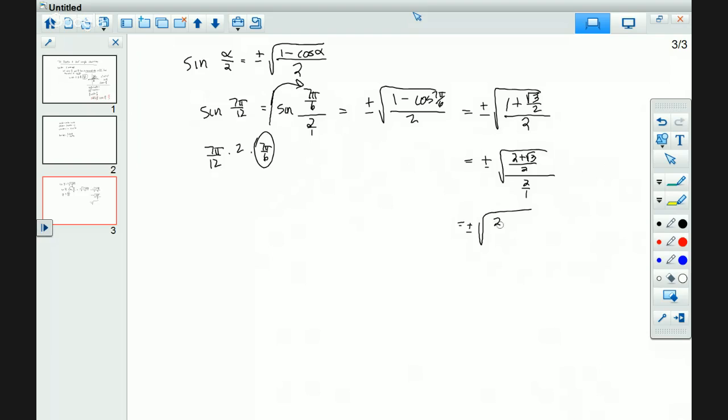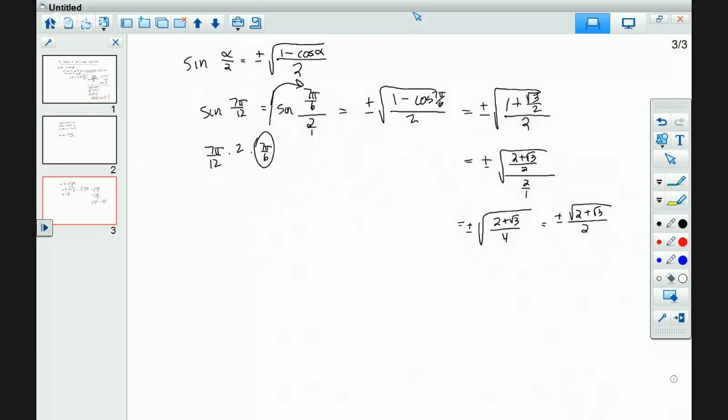So we get 2 plus root 3 over 4. And what's the square root of 4? 2, yeah. So you can simplify the denominator right there.